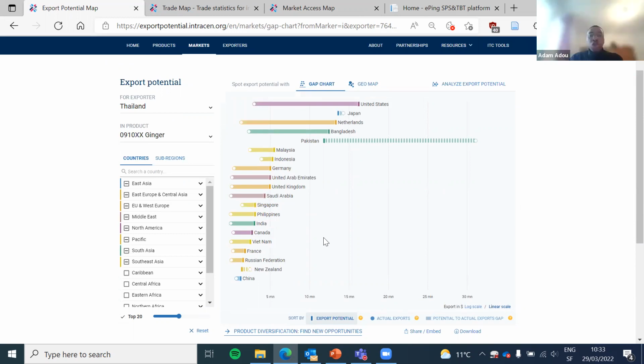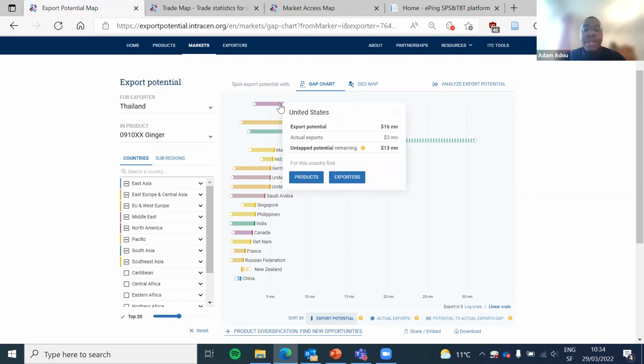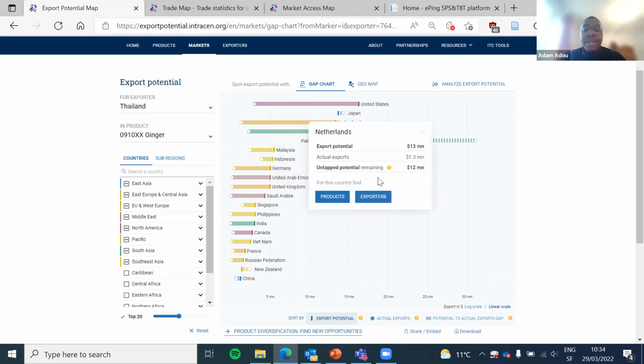What you can see here is that the United States is the country where Thailand has the biggest export potential when exporting ginger. If you click on this, you see that Thailand has an export potential of $16 million when exporting ginger to the United States.